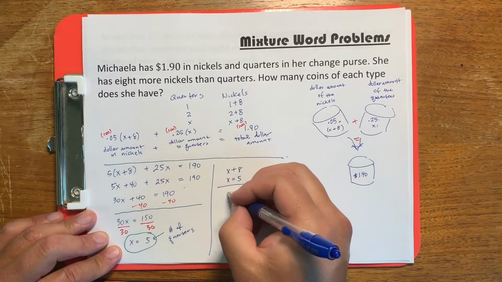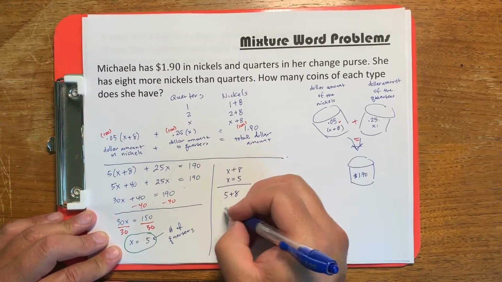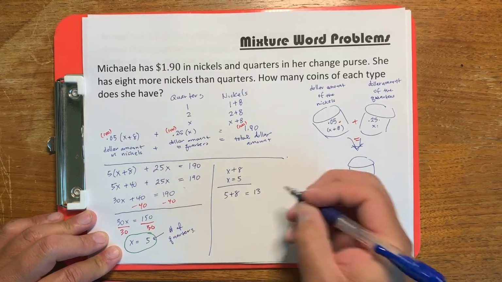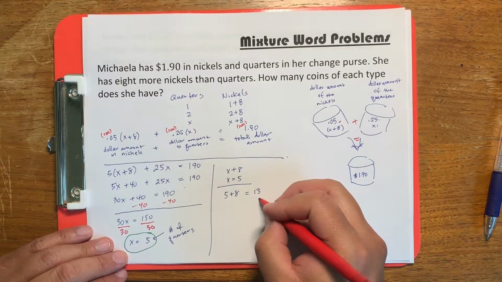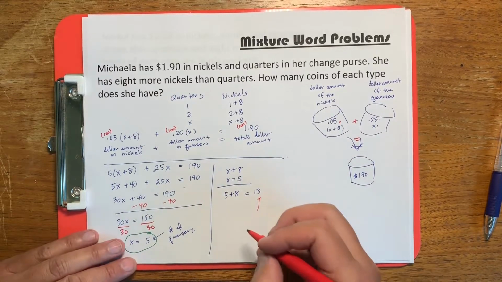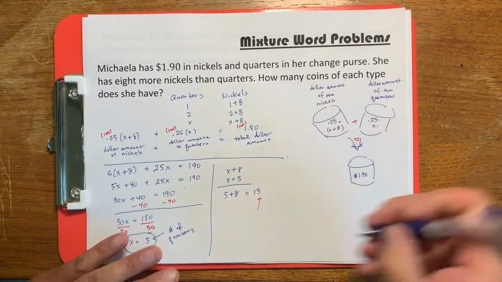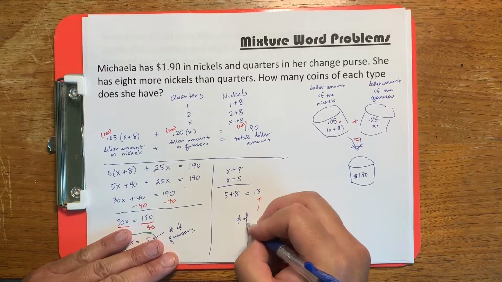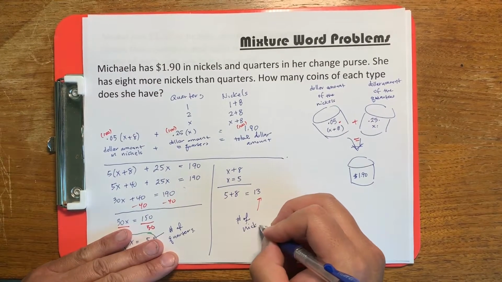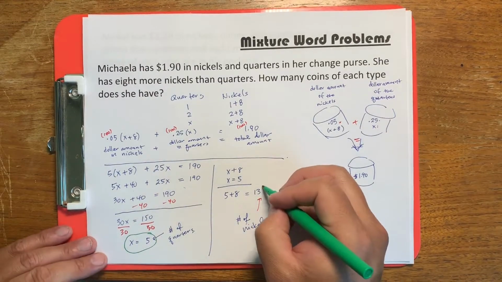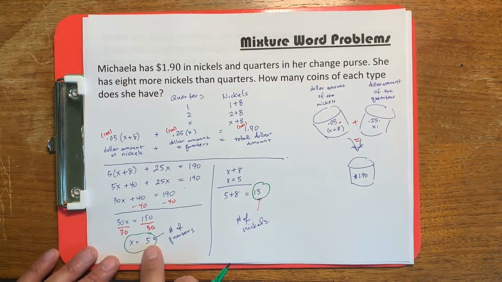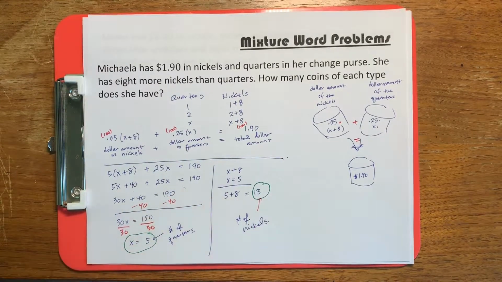When we put these together, we get 5 plus 8 is equal to 13, which is the number of nickels. Okay, and then we can circle that. So that's how many quarters and that's how many nickels I have.